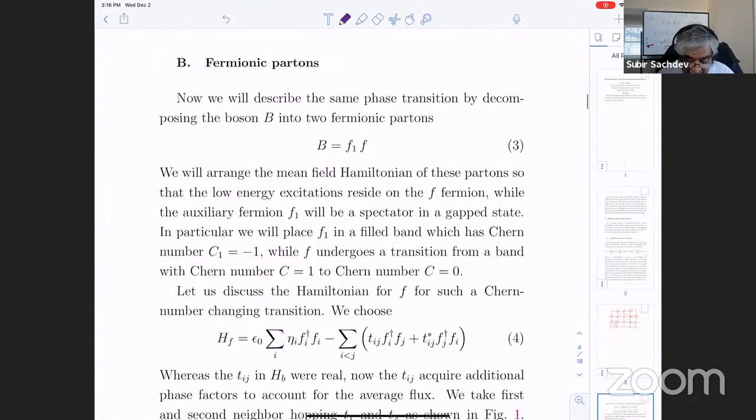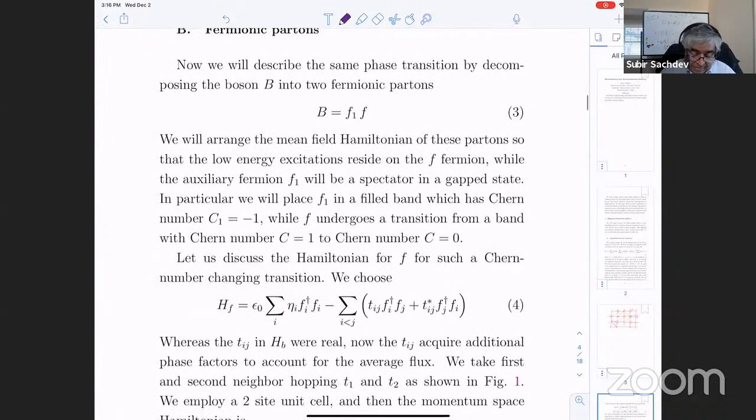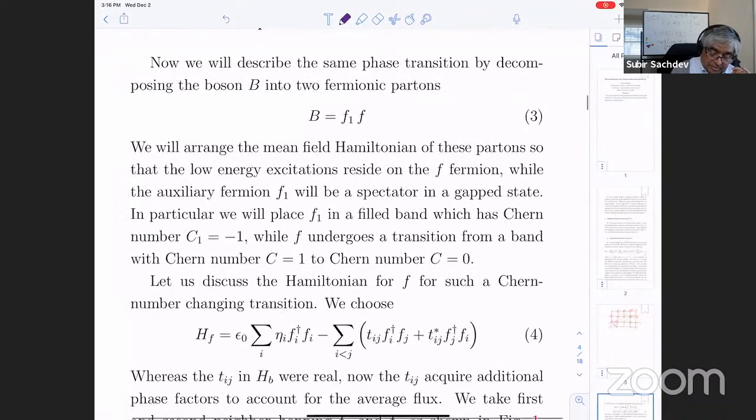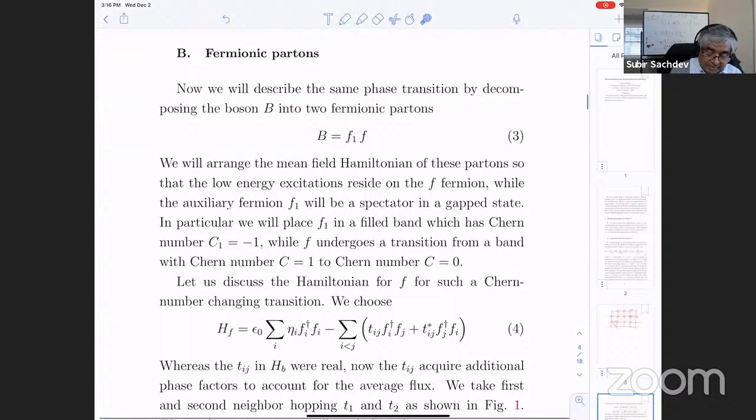So what we're going to say is that we're going to take these two partons, F1 and Fc, and we're going to put them in some band by doing some complicated mean field theory. The only thing we know about the partons is that there's a density of them, which is 1 per unit cell of the bigger lattice. So each parton can fully occupy a band.